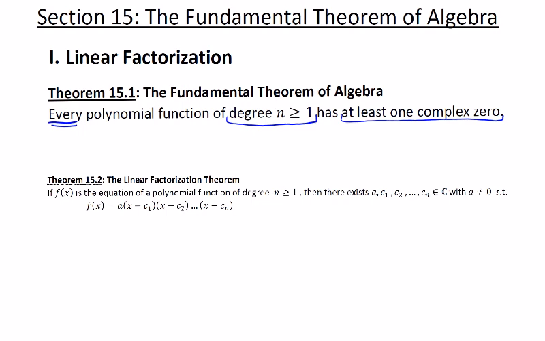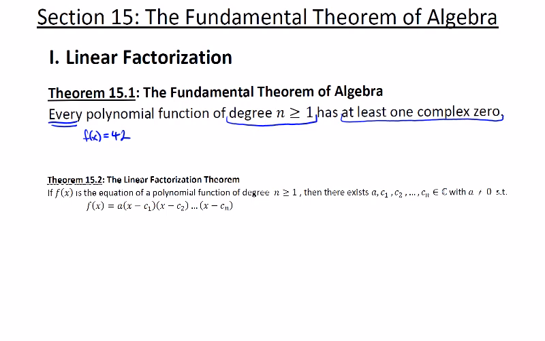So I want to look at a couple of examples of polynomial functions and how this particular theorem might apply. For example, if I was to look at the equation f of x equals 42, that is a polynomial function.